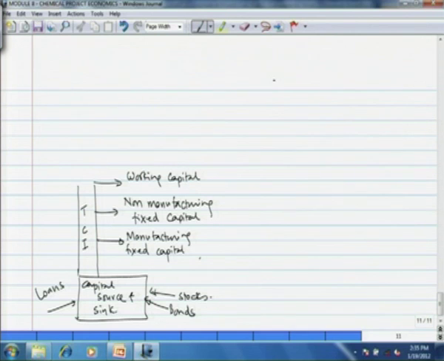Now, this is required till the plant becomes functional. So, let us draw a box here that indicates the functional plant.